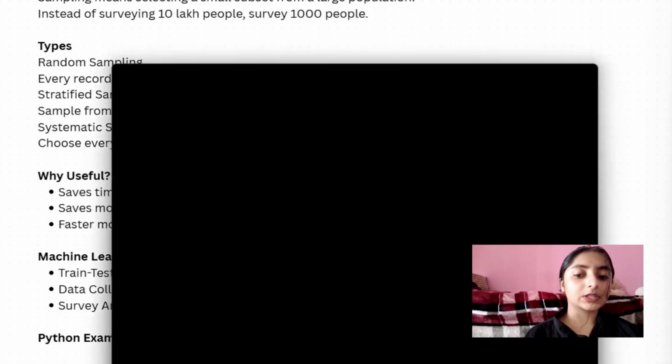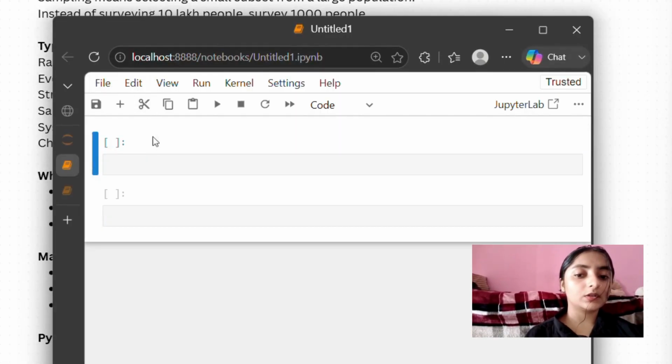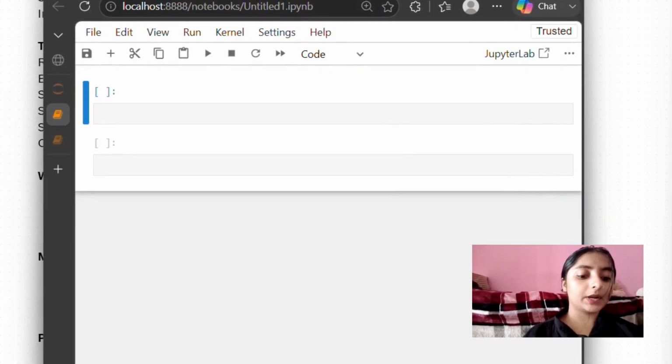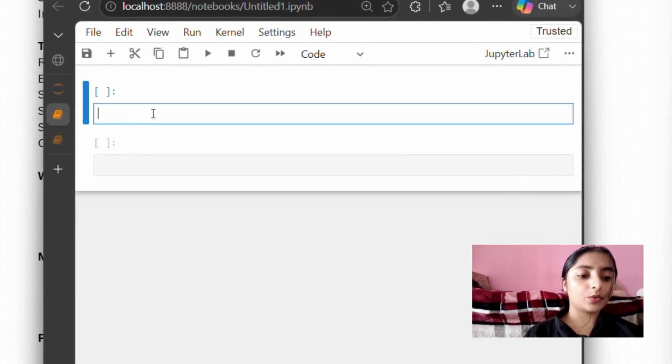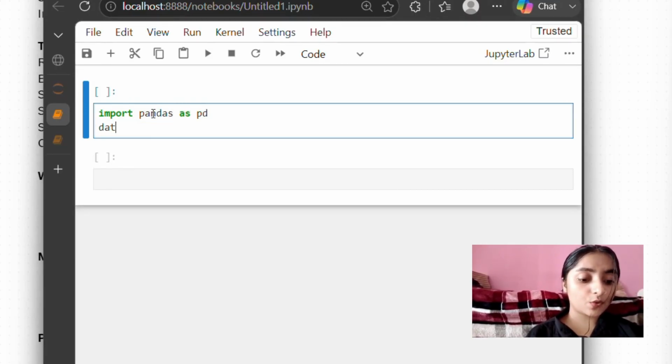I'm deleting this record. Now we'll do Python. Importing pandas. I'm selecting data randomly; you can give whatever you want.